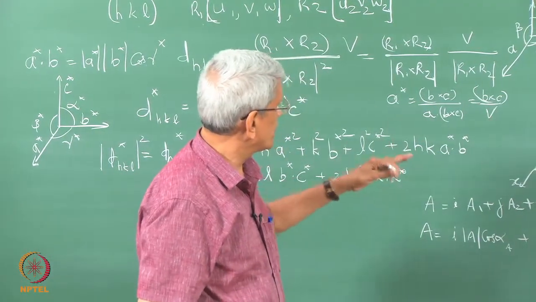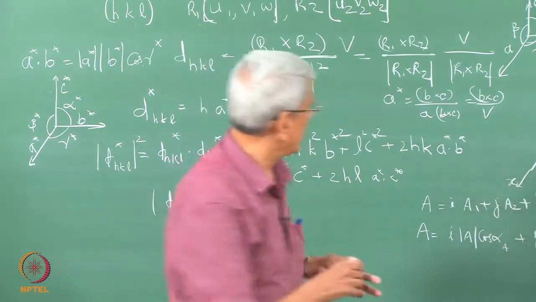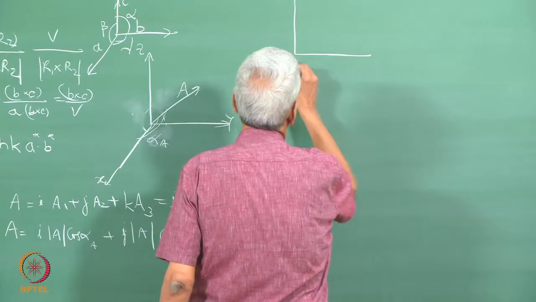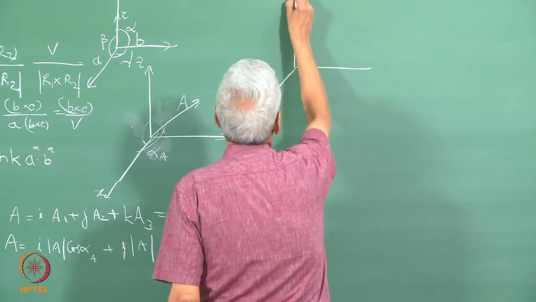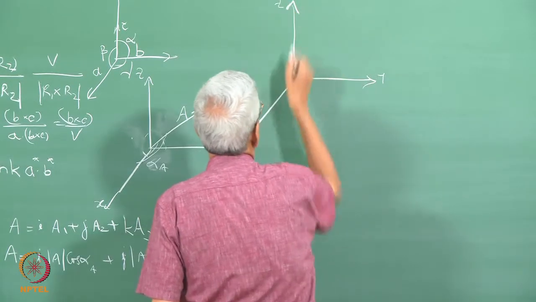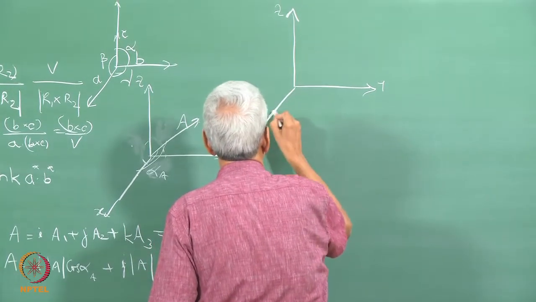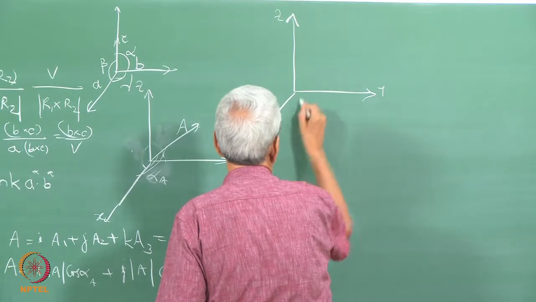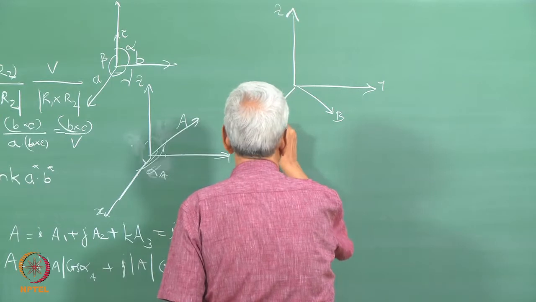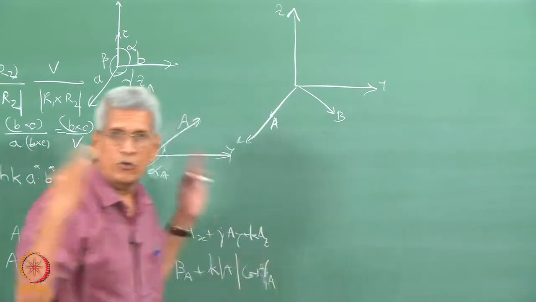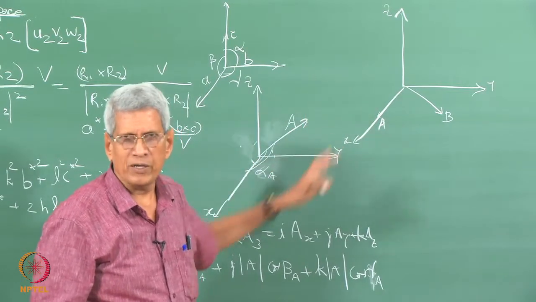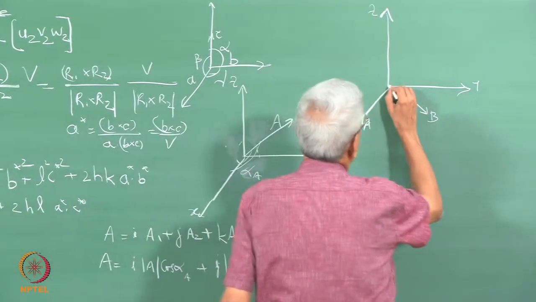Now we will come back to the problem of finding the volume of the cell. Let us consider x, y and z. Suppose I consider a vector A in this direction, vector B in this direction, and a vector C. I am taking a specific case so that it becomes a little simpler to solve, though it could be a general one.